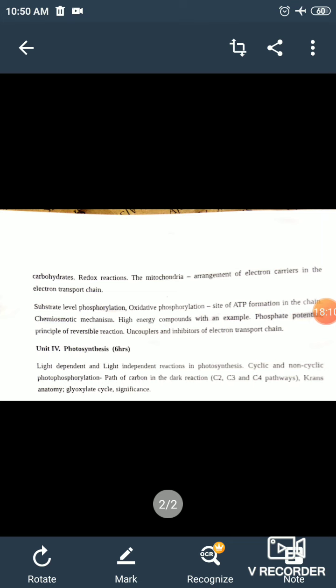We have to study it in detail, and during this electron transfer, energy is released, and this energy is trapped in ATP, which involves a special ATP synthase complex, which is also in the inner mitochondrial membrane.